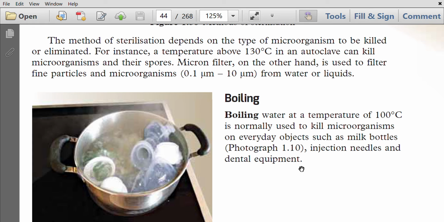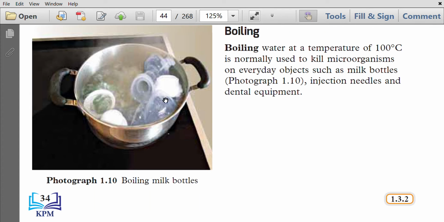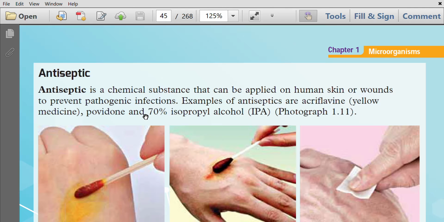Alat peralatan pergigian, dental equipment. You can see from this picture, boiling of milk bottles. Our young mothers, normally before they feed or use the milk bottle, will boil the milk bottle to kill the microorganisms, to kill the germs. Let's look into antiseptic. Bahasa Malaysia is also called antiseptic.